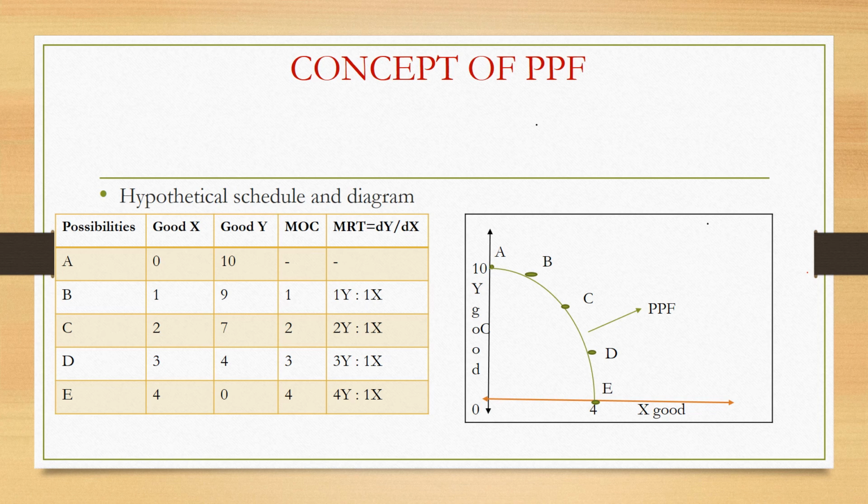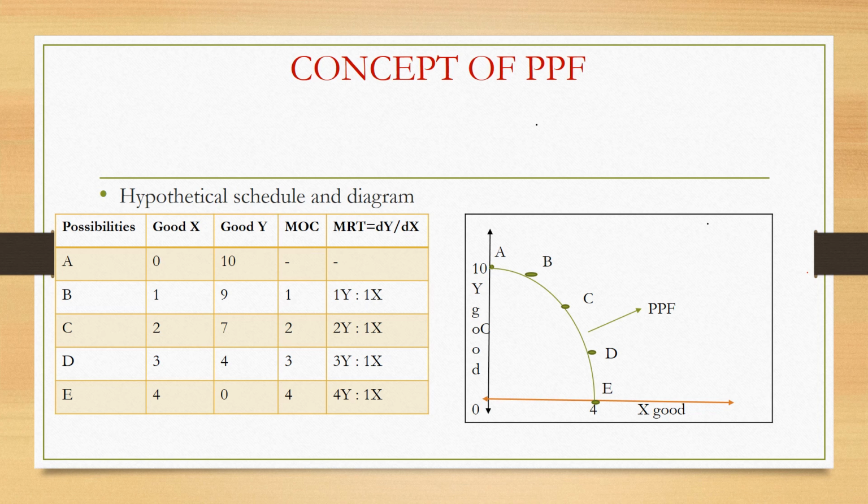Now let us know the concept of PPF, production possibility frontier, with the help of a hypothetical schedule and diagram. The schedule has different columns. The first column is possibilities or combinations.